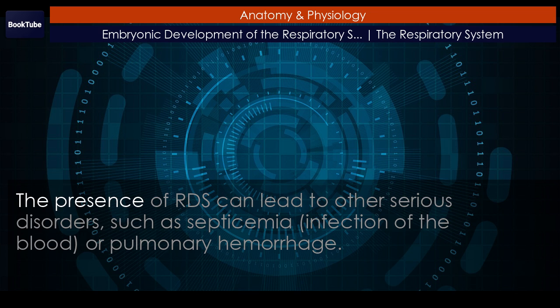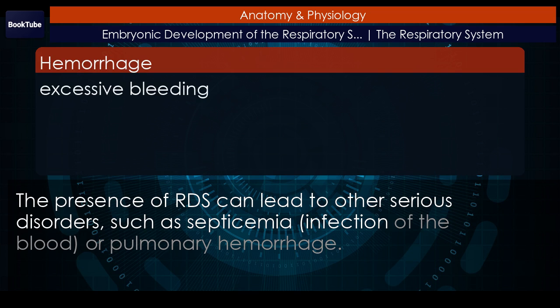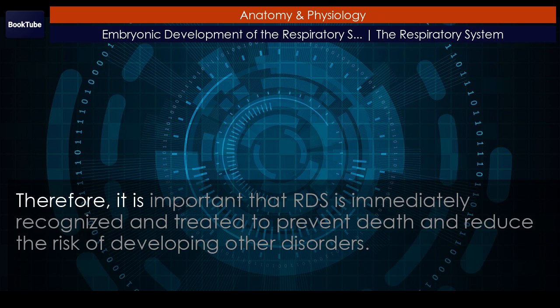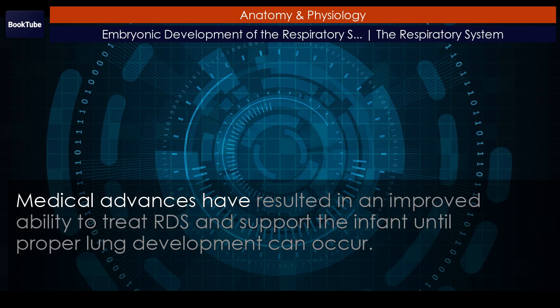The presence of RDS can lead to other serious disorders, such as septicemia, infection of the blood, or pulmonary hemorrhage. Therefore, it is important that RDS is immediately recognized and treated to prevent death and reduce the risk of developing other disorders.